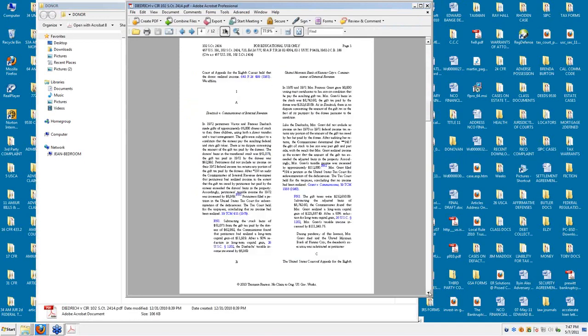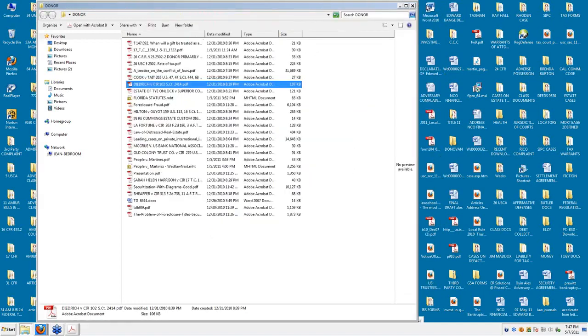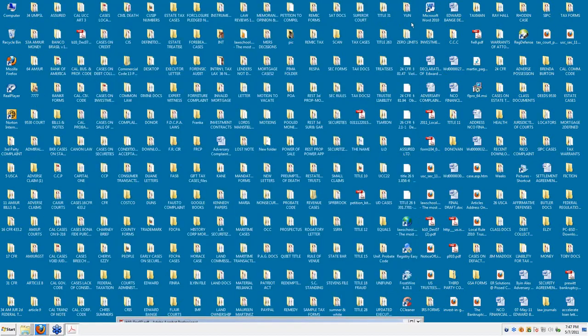I don't know if this is it, but it's an IRS case, and it says that the donor can order the donee to pay the tax. We went over that already on the webinar at great length. Yeah, well, that's the case. But you have to do that. You can't just sit there on your duff waiting for these people to run over you. Do you have the Diedrich case complaint? That's not the case.